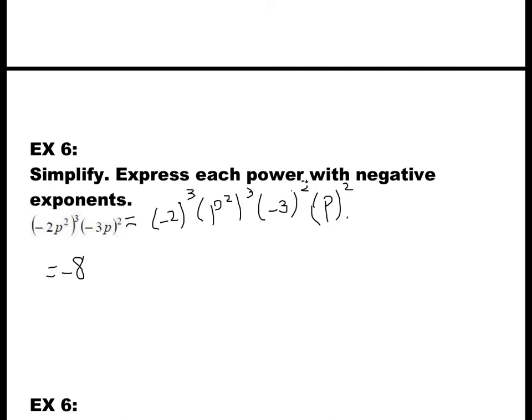P exponent 2 exponent 3, you multiply the exponents. So you get p exponent 2 times 3, which is 6. Negative 3 exponent 2 becomes negative 3 times negative 3, which is 9. And p exponent 2 is p squared.